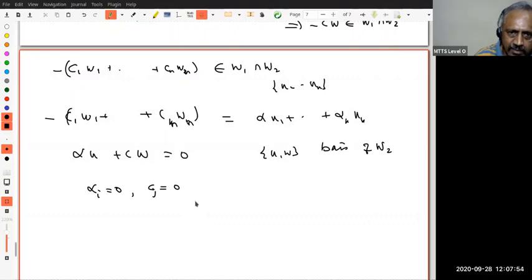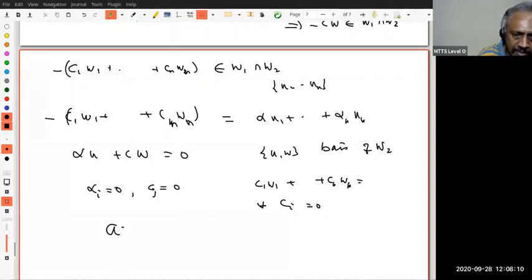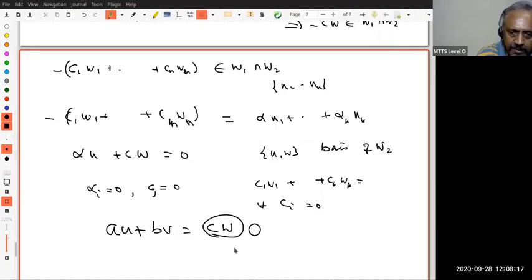Sure. So what I know is that in the expression c1 w1 plus ... plus cn wn, I proved all the c's are 0. Now go back. What did I do? I said AU plus BV is minus CW. Now I know this is the 0 vector.